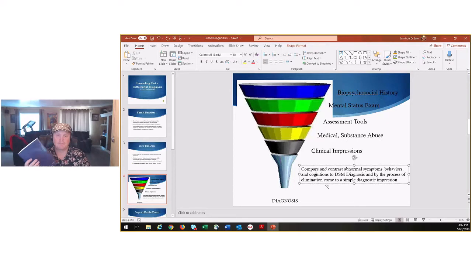What that means is, when we're using this book and using the process of elimination, we are not doing a mole hunt. We don't look at it and go, well, it looks like ADHD, and it smells like ADHD, therefore it must be ADHD. That's not what we're doing. It's not a case of it looks like a duck, it quacks like a duck, but it's probably a goose. It's different. So what we're going to do is the following.